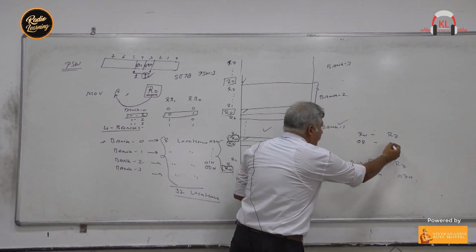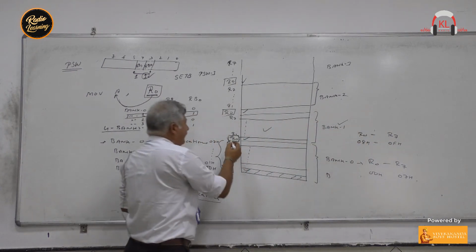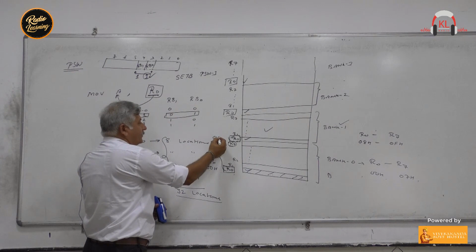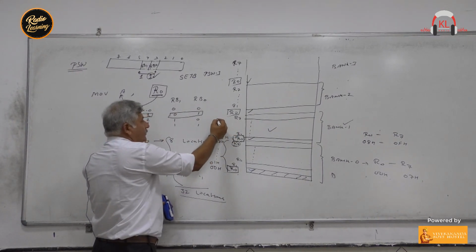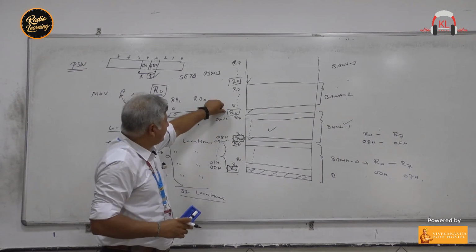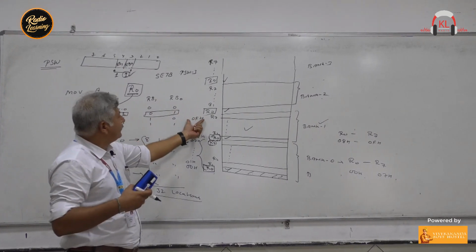So it will go up to 0FH. F means hexadecimal number. So this register R0 of bank 1 will have the address 08H and R7 will have the address 0FH. Right?